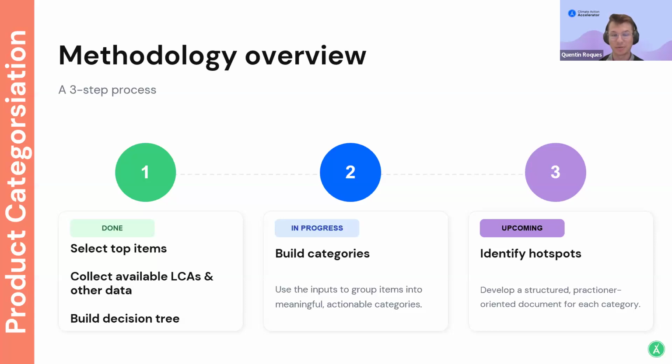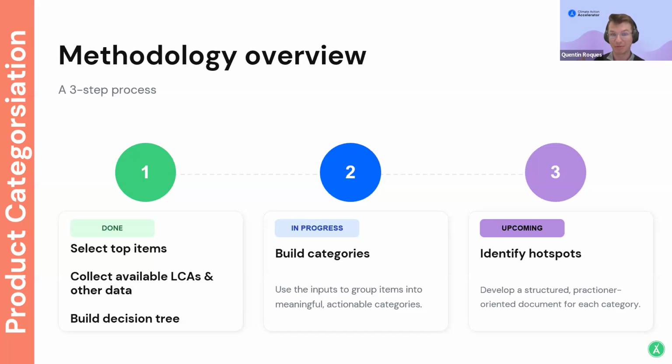I will talk a bit later on how we built this decision tree. Then the second step, which is currently in progress, is to build and finalize the categories by using all the inputs from phase one to group items by hotspots, by impacts, by solutions, and so to create meaningful and actionable categories.